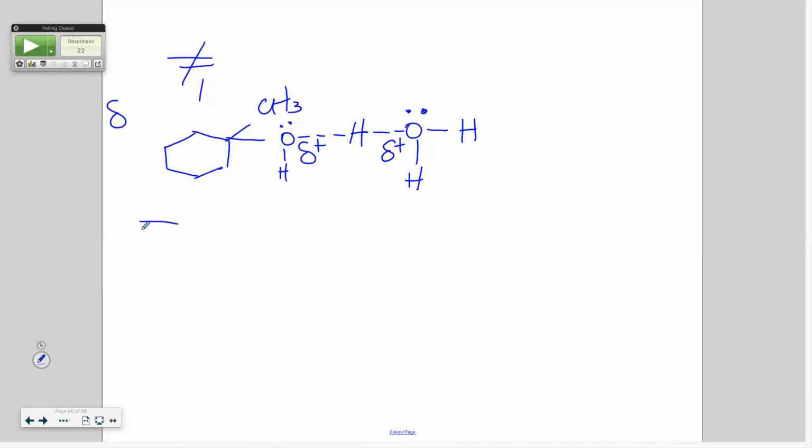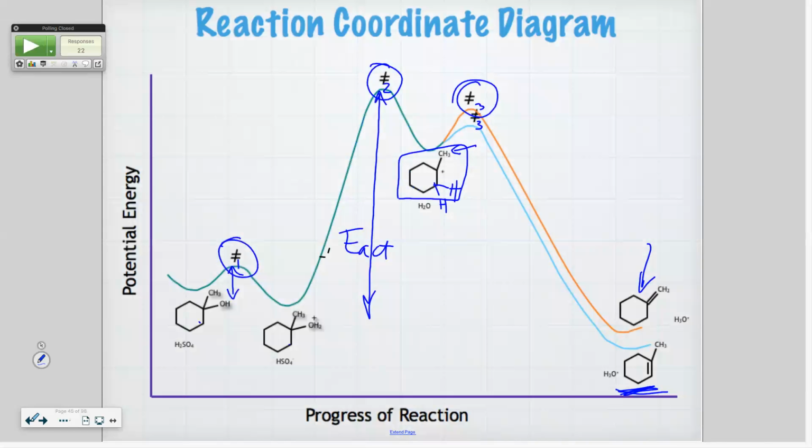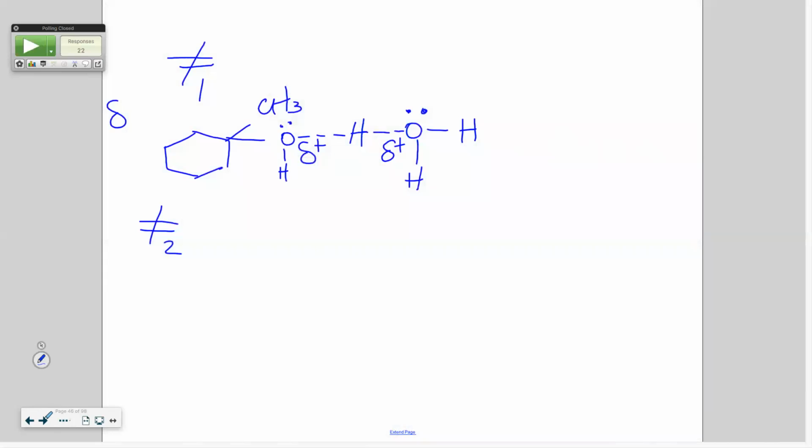Okay, now, what happened in step 2? We went from the protonated alcohol to the carbocation, and all we did was draw one arrow, remember? So, transition state number 2, the bond between the carbon and the water.